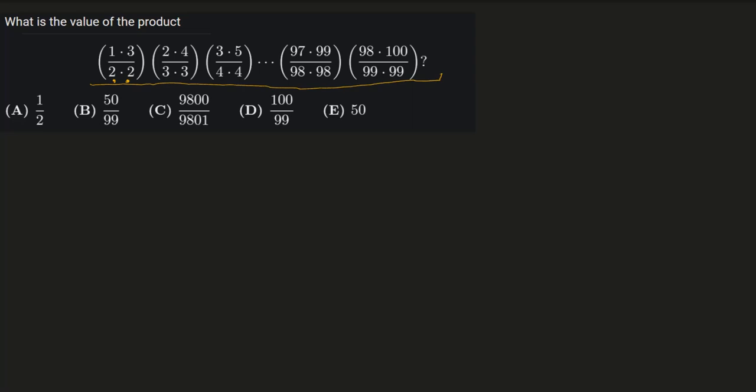And in the second brackets, we see two 3s. And then we see double 4s. Therefore, we can say that we find one pattern, which is the denominator. Denominator is from 2 to 3 to 4 and all the way to 99.